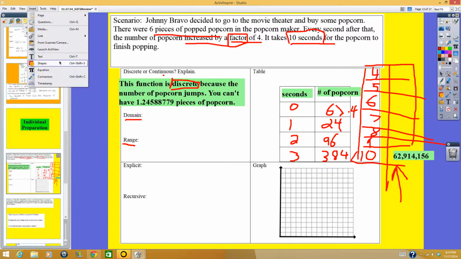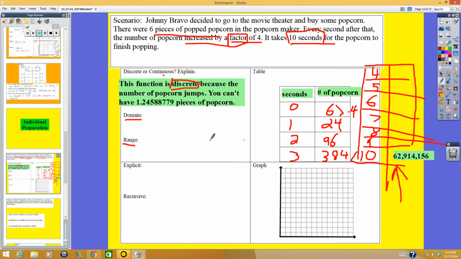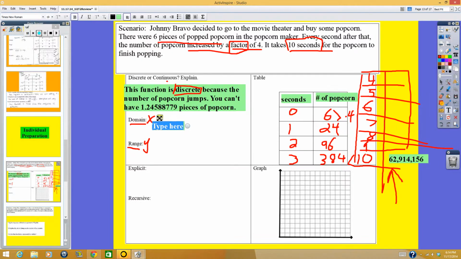I know my first domain, and by the way, don't forget, domain is your x values, range are your y. So my domain would literally start with the first second, which was 0, and I would just keep going until I get to 10, right? Range would be the same thing.